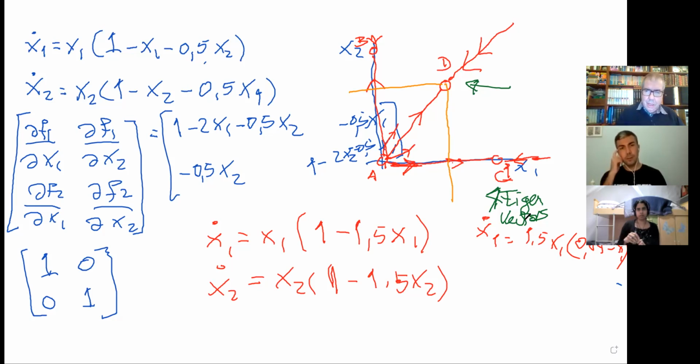So Monday, that's the homework for the weekend. You should complete the sketch by computing the A matrix for point C and the A matrix for point D, and computing the eigenvalues.